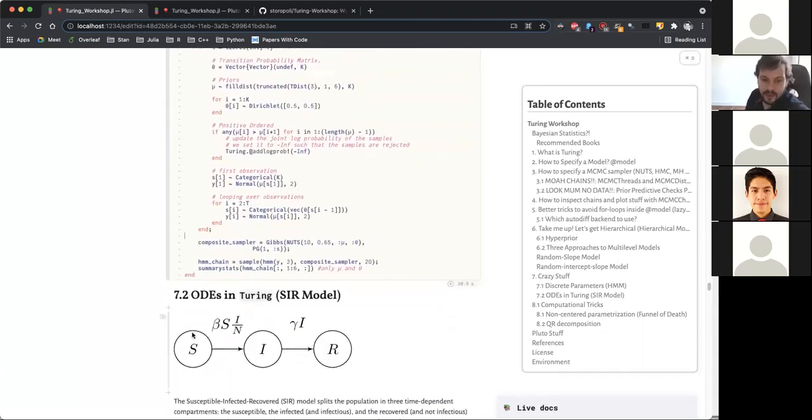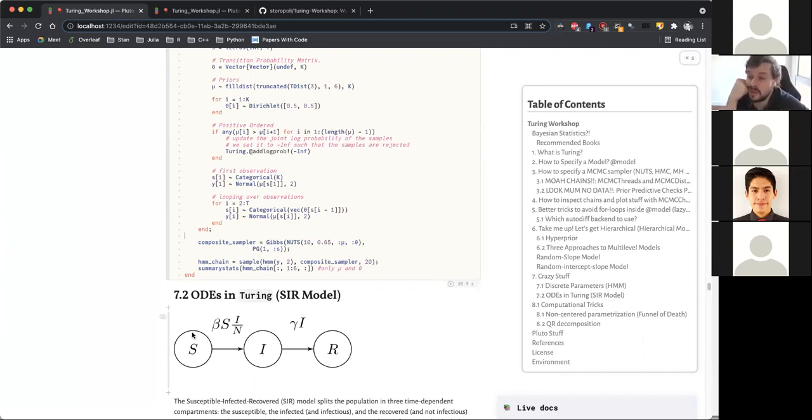And now let's do ODEs. This is really nice. I think this is the main advantage of Turing, because it uses the whole ecosystem of ODE solvers in Julia, and they are pretty fast. If you go to Stan, you have to wait for the Stan developers to build a whole interface for the CVODES from Sundials, the Sundials C++ library.